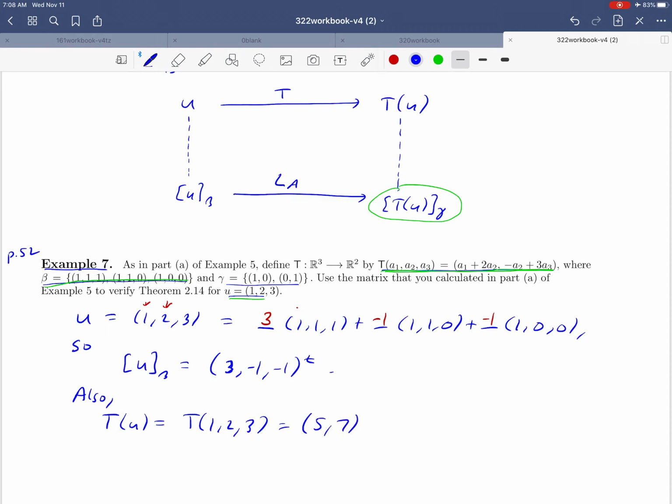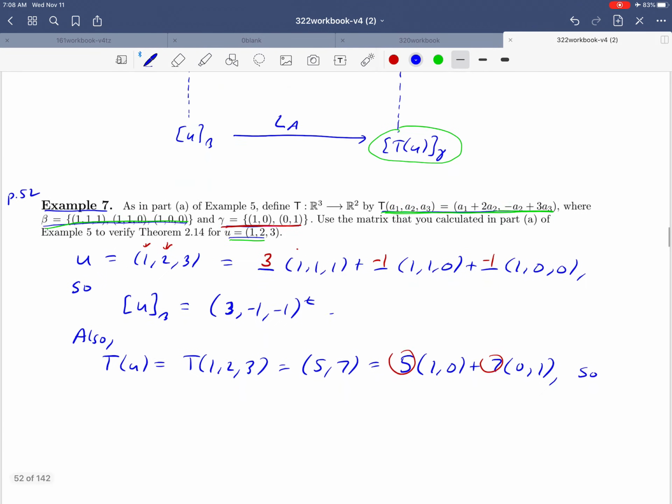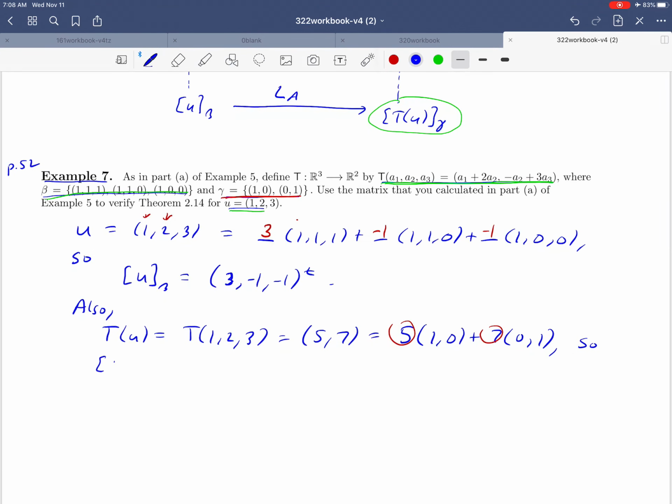We want to write that as a linear combination of the other basis gamma. Since that's the standard basis, that's not hard to do. We're just going to get 5 times 1, 0, plus 7 times 0, 1. So there are our coordinates, and the coordinates of t of u relative to gamma would look like 5, 7.